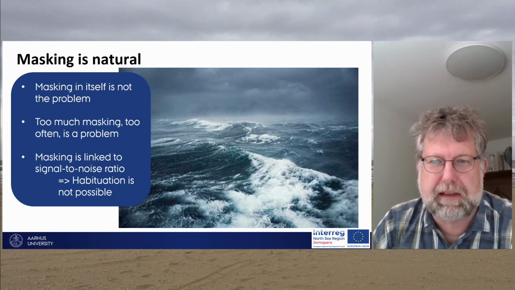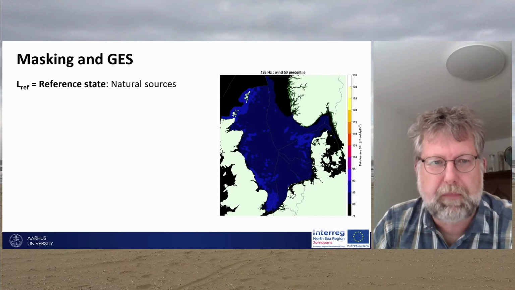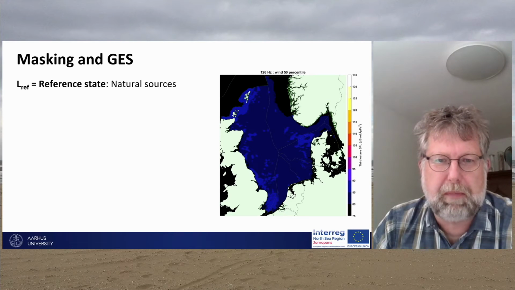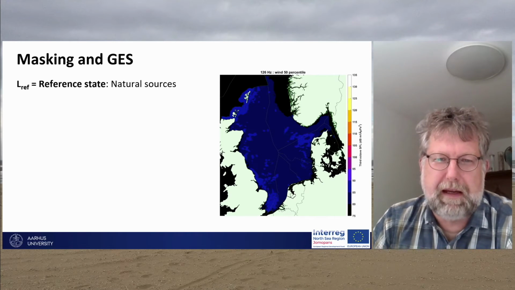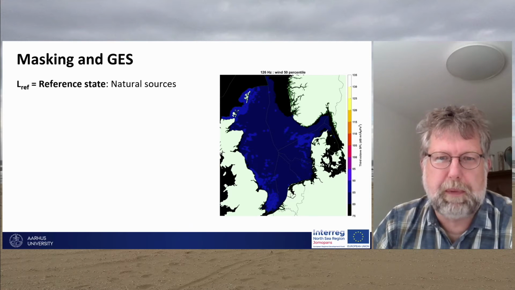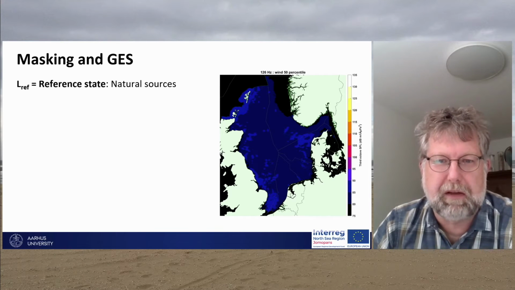So how do we address this in the JOMOPANS? What have we done to work with this? The way the noise is modeled is that we have the natural sources, which is wind and waves. So that's the reference state. That is a model scenario for what the noise would be if there were no human activities in the North Sea.